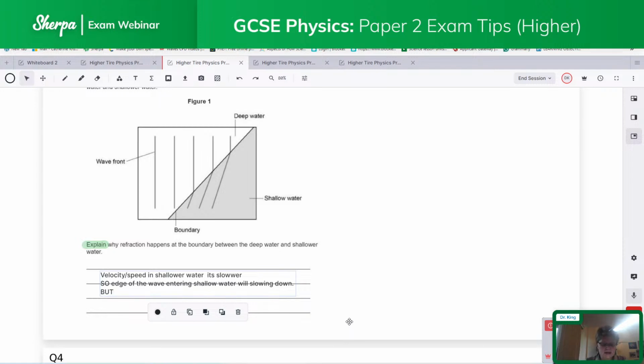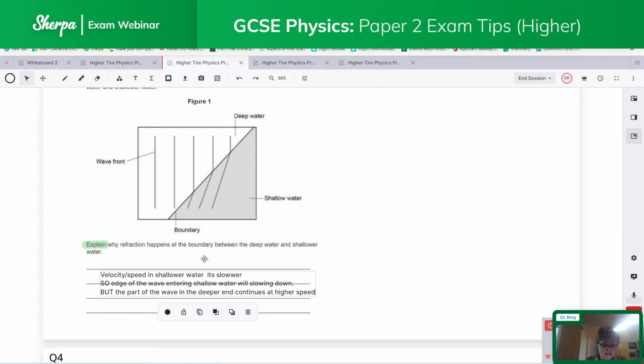You know that the part of the wave that is still in deep water will be faster. The part of the wave in the deeper end continues at the same speed. So basically you describe what you see in the picture above.